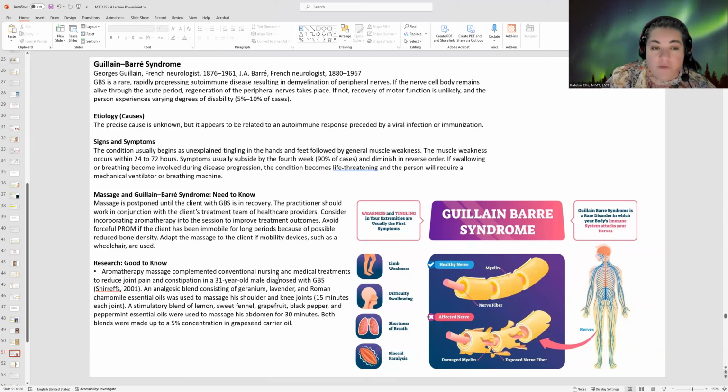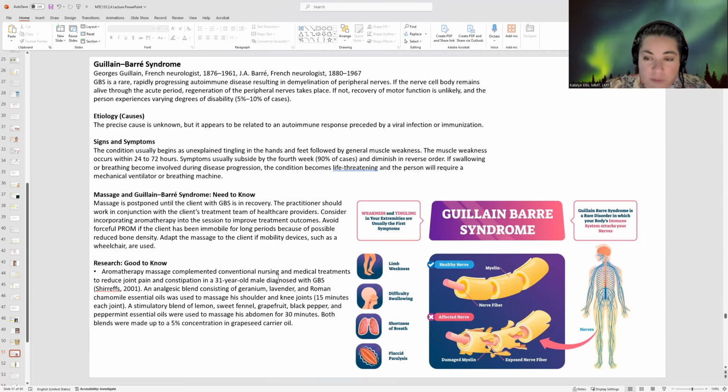The peripheral nerves can regenerate. All right. If they can regenerate, some of that motor function can come back. If it doesn't regenerate, then motor function will be lost and the person can experience varying degrees of disability.